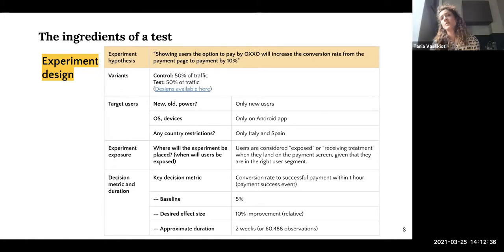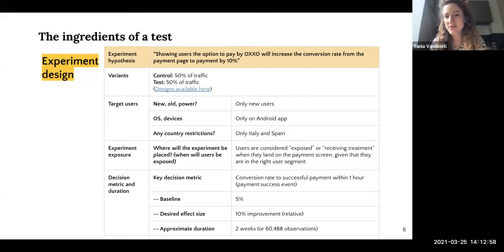Oftentimes, I guess when we have little data, perhaps we want to just target all users at once, but sometimes we have specific hypotheses about some specific segment of users, such as only power users or only new users, for example.